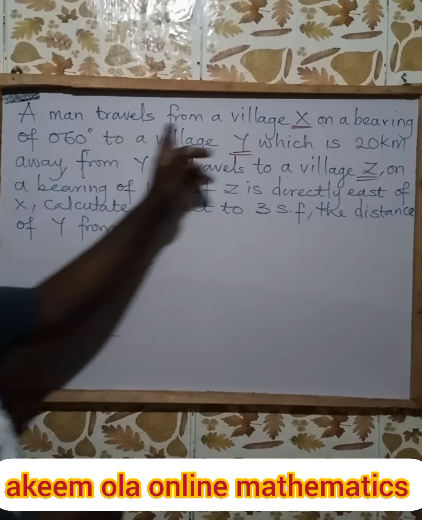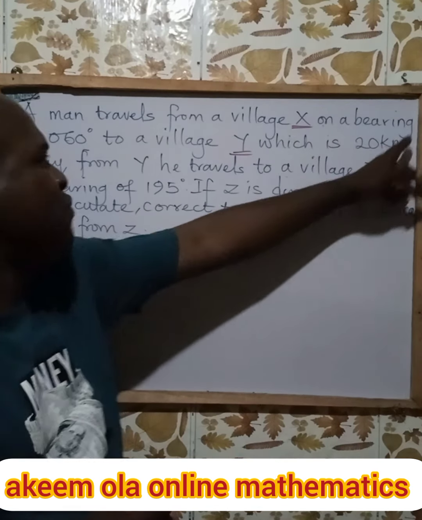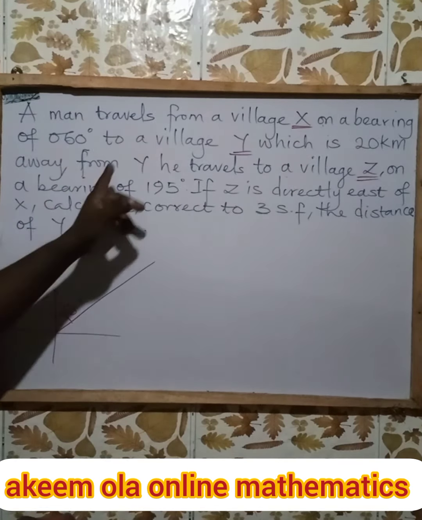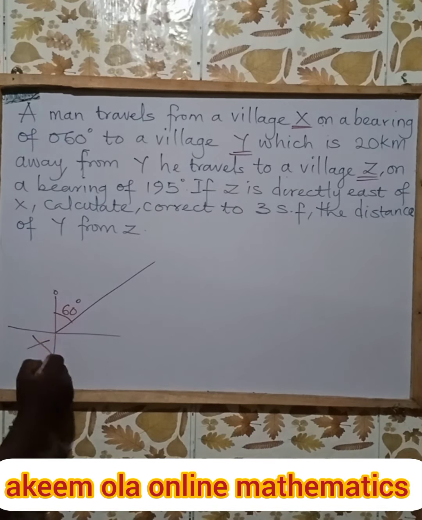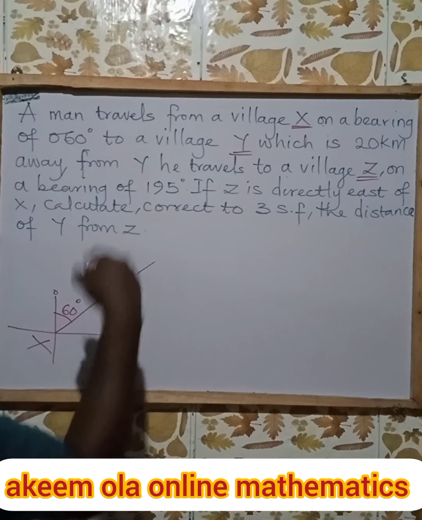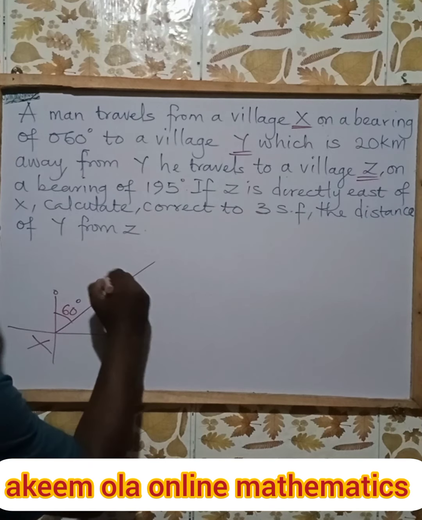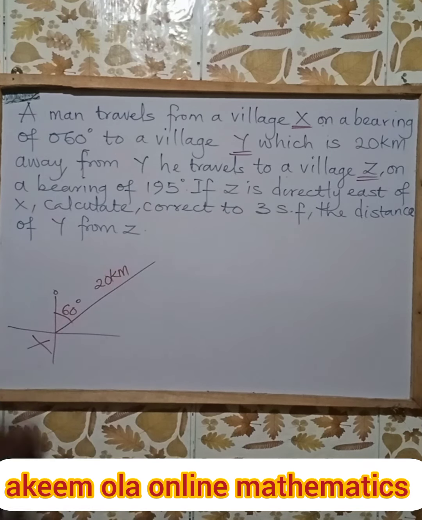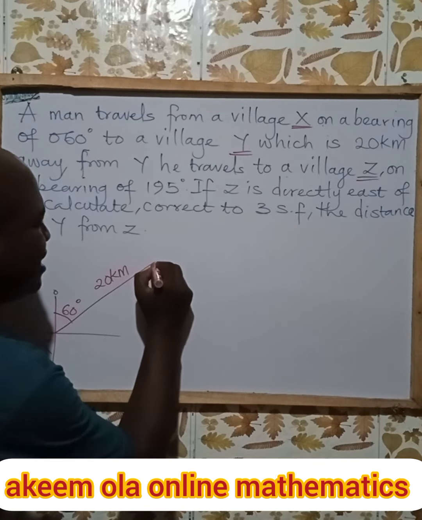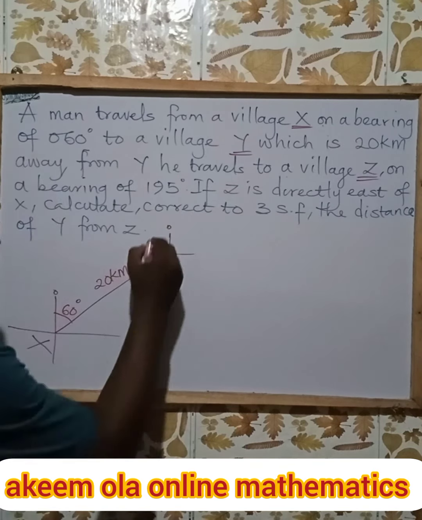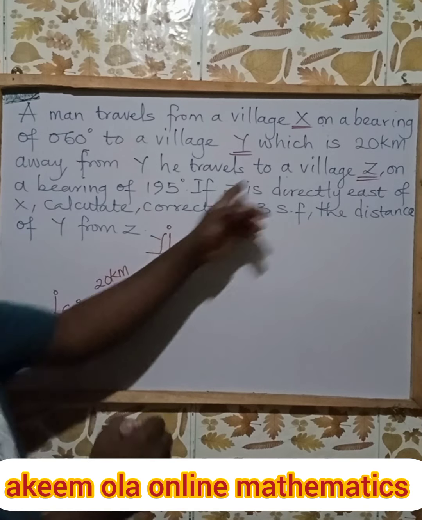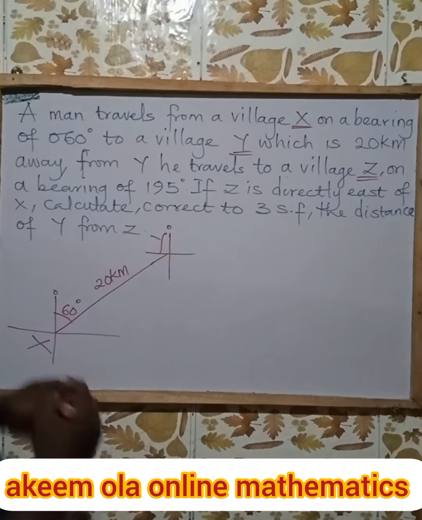A man traveled from village X on a bearing of 060 degrees to a village Y. This is my X, and Y is 20 kilometers away. That means the distance here is 20 kilometers. Where this one stops, I am going to have the cardinal point. This is my Y, which is 20 kilometers from X.